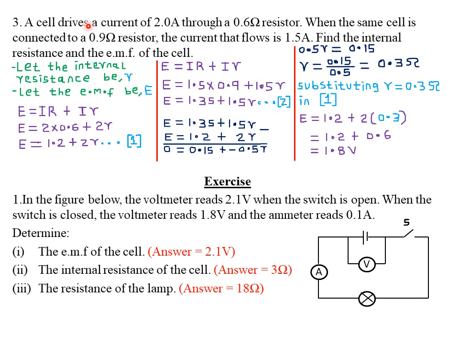We are told that a cell drives a current of 2 amperes through a 0.6 ohm resistor. So remember, the 0.6 ohm is the external resistance and the 2 amperes is the total current.